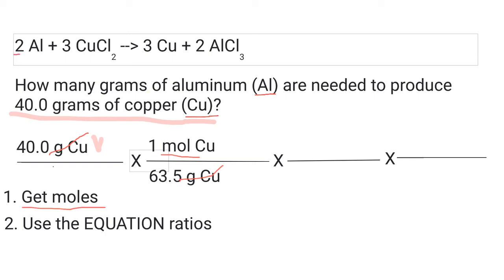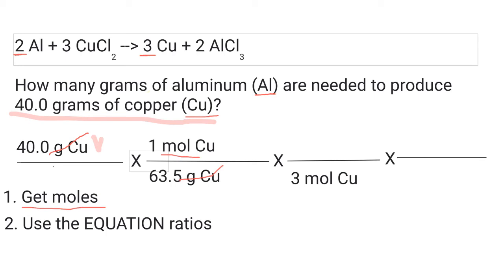And the 2 numbers in that equation that relate to aluminum and copper are a 2 and a 3. So in the bottom of the next ratio setup for dimensional analysis, you're going to notice that I typed in 3 moles of copper. Where's the 3 coming from? The 3 is coming from the equation. And up in the equation, we have 3 moles of copper. So that goes down there.